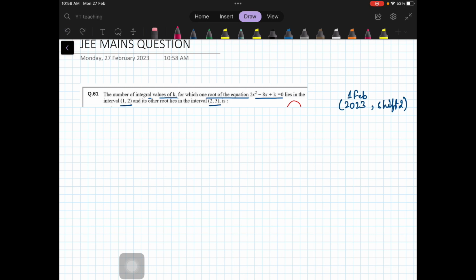If I draw this, I have this interval (1, 2) and (2, 3), and your equation is quadratic. Because the equation is quadratic, there are only two roots. One of the roots we want in this interval and the other in this interval.